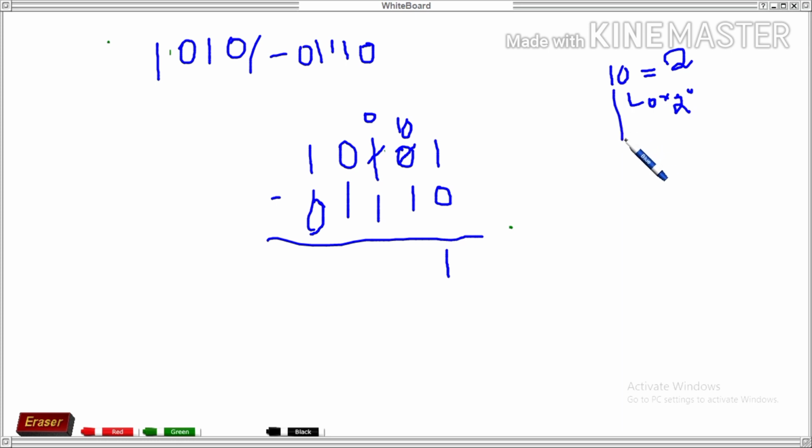That 1 into 2 to the power 1. Yes, so what is the answer? It is 0, and this is 2. So what answer we have got? We have got 2. 1 0 in binary means 2 in decimal.